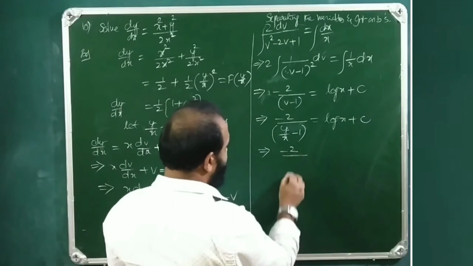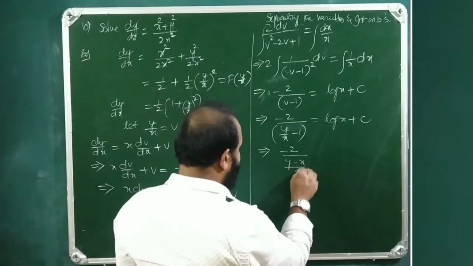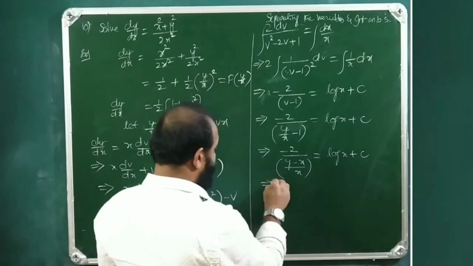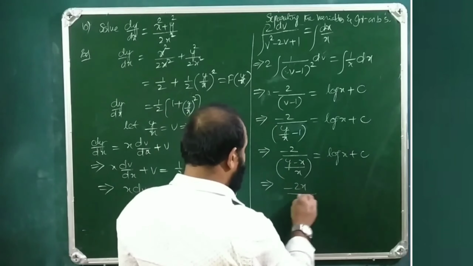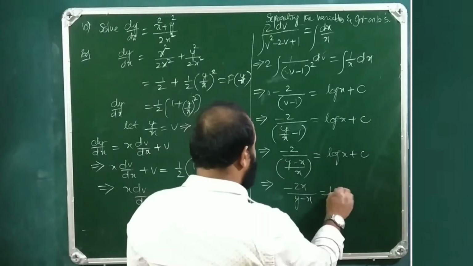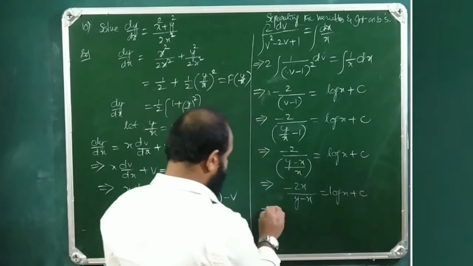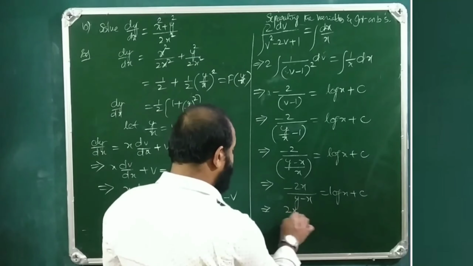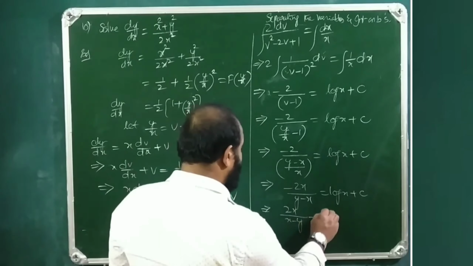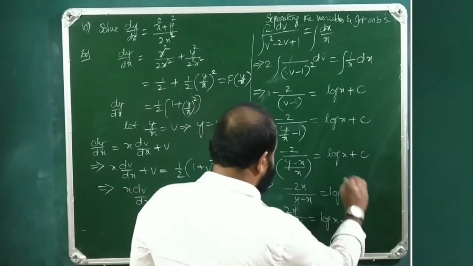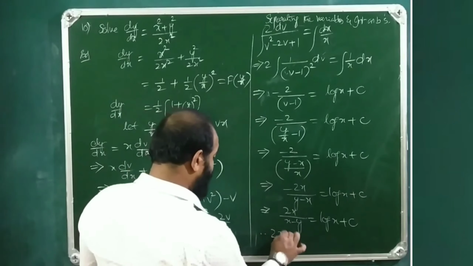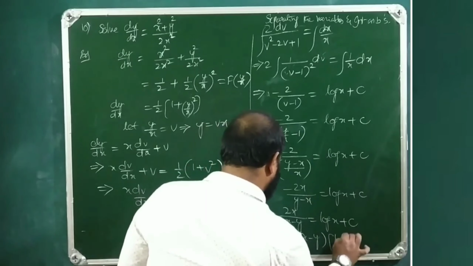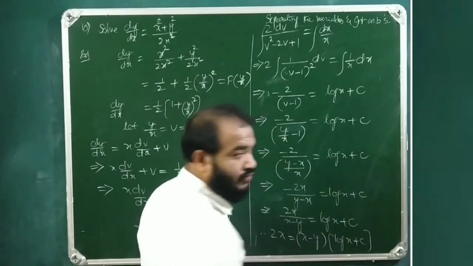So minus 2 by (y minus x) by x equals log x plus c. So this is minus 2x by (y minus x) equals log x plus c. Taking minus common and cancelling, we get 2x by (x minus y) equals log x plus c. Therefore, 2x equals (x minus y) times (log x plus c) is the required solution.